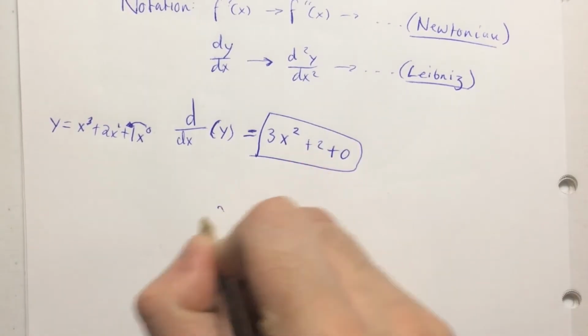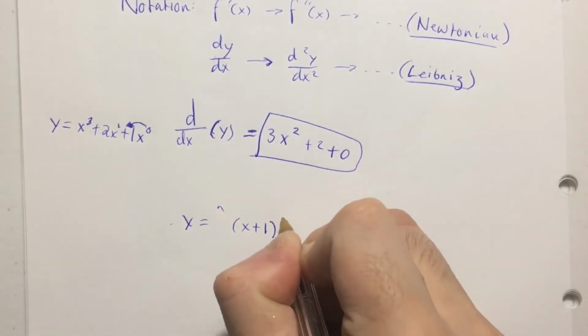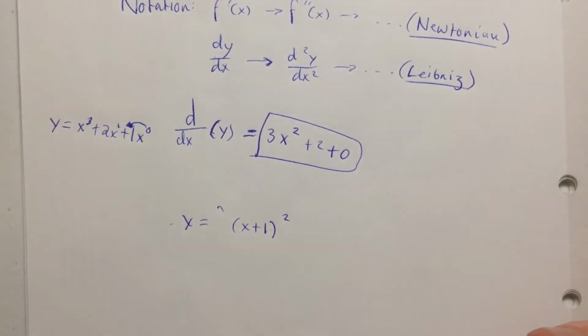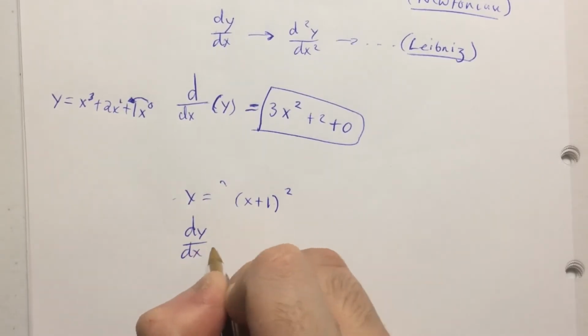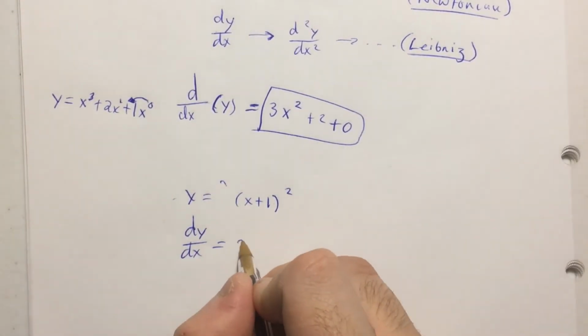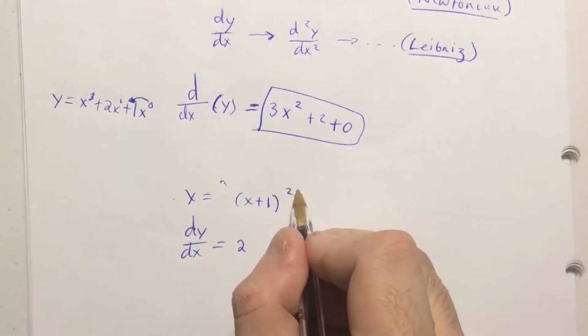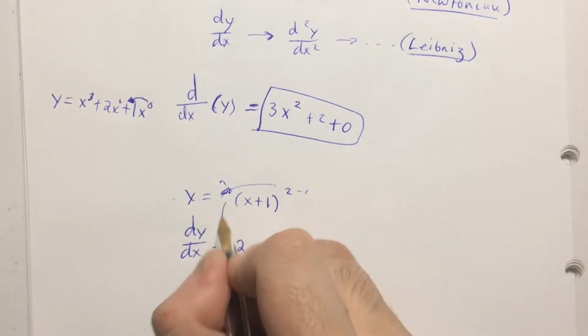So let's say that y is equal to x plus 1, all squared. We want to take the derivative of this. So dy dx is equal to, we use the power rule, 2 minus 1, and that 2 comes out the front, so that's why that 2 is here.